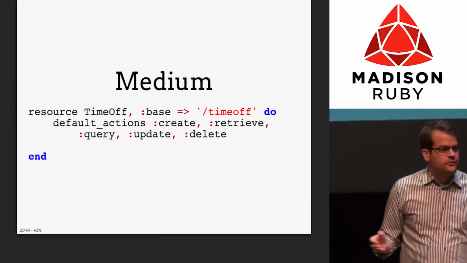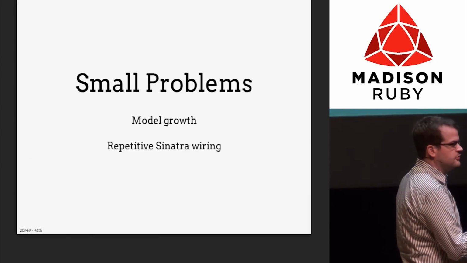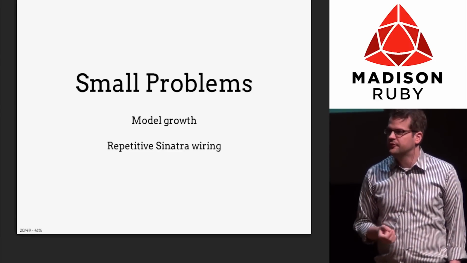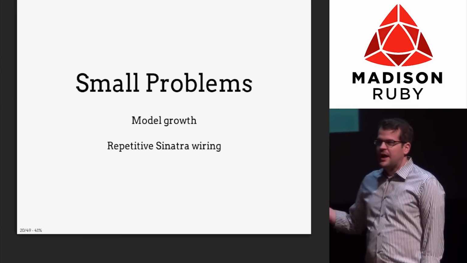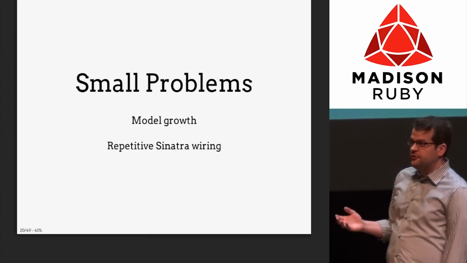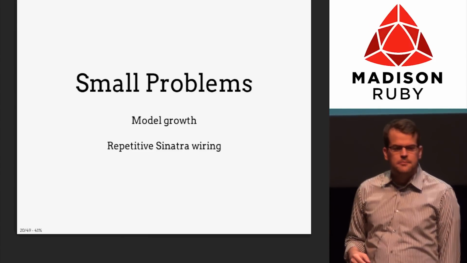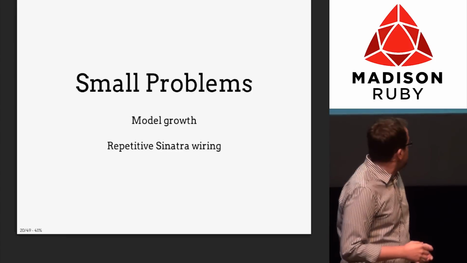And in addition to that, there's also the case where you're writing the same Sinatra code, or same Rails code. We're using Sinatra as an example, but you can do all of this in Rails as well. And so you'll write that pattern of get/model name over and over as a route, right? And especially if you are sticking to kind of CRUD operations, that part of it as well, it's a lot of repetition.